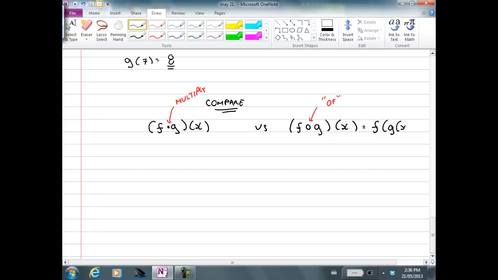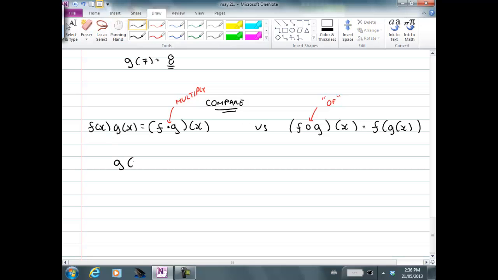They all mean the same thing. Just like when you have a dot, it means f of x times g of x. Look at the difference between multiply versus composite. If you screwed this up on the exam, you will get 0. When I say f open circle g or f of g, it means f open bracket g of x. The same concept.